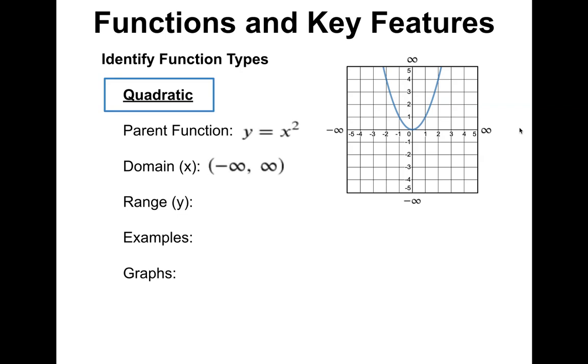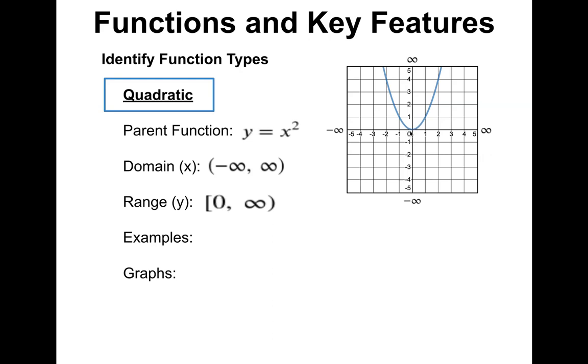The domain of this function is from negative infinity to infinity. This graph will continue on and on and on and touch every single x value from negative infinity to infinity. The range, we use the bracket because it's starting at 0.